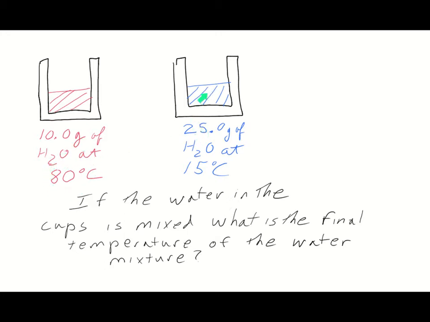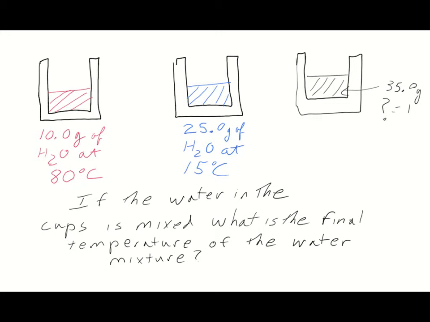And I have a cup of cold water here that contains 25 grams of water at 15 degrees Celsius. If I mix the two together, what will my temperature be?